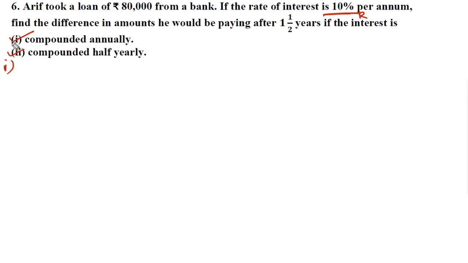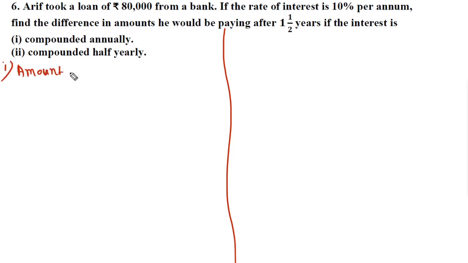So for the first case, we will find the compound interest or the amount for the 1 year first, then we will find the amount for half of the year. Okay, then we will move to the double I part. So let's start with I. Here, amount in 1 year.